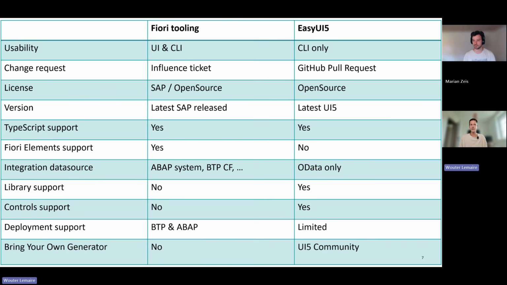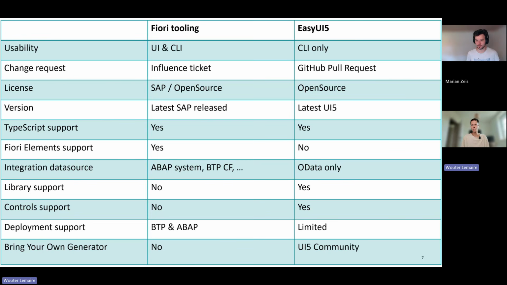But then again, if you work with libraries, there is no generator for a library in the Fiori Tooling, while we have this in Easy UI5. Same for controls, not in Fiori Tooling, in Easy UI5. And that's when it becomes more advanced, really UI5 coding level, then we have to go to Easy UI5.